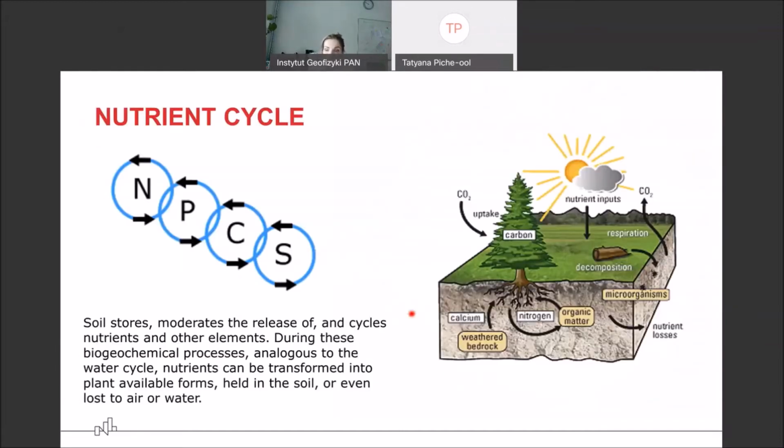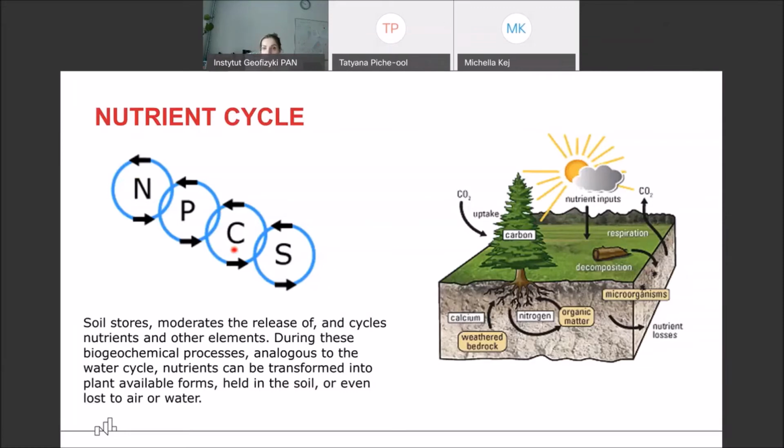One of the most important processes is the so-called nutrient cycle, and those nutrients are nitrogen, phosphorus, carbon, and sulfur. They are the most important nutrients in the cycle, and this is where we are getting closer and closer to the Arctic component of today's webinar.